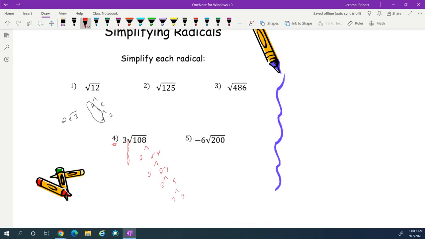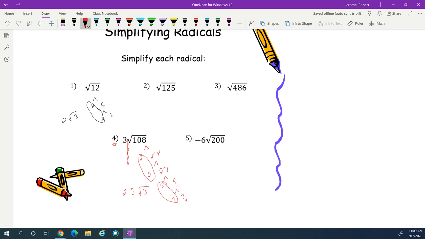And now I'm going to look for my pairs. I have a pair of 2s, so that's on the outside. I have a pair of 3s, again on the outside. And then I have a leftover 3, so that stays home.